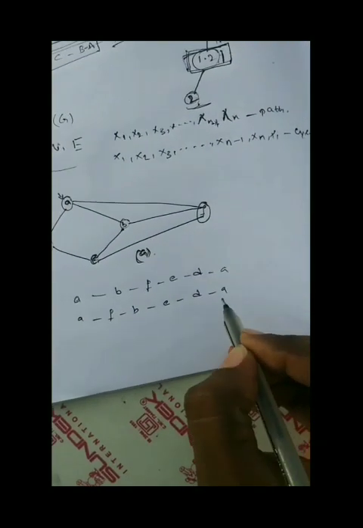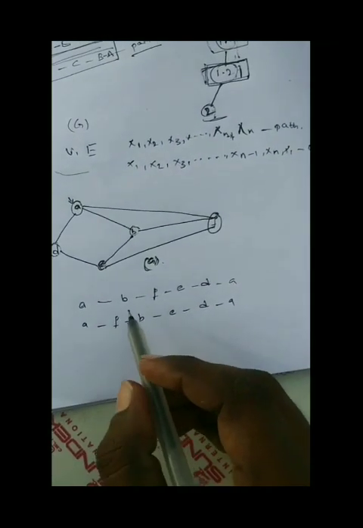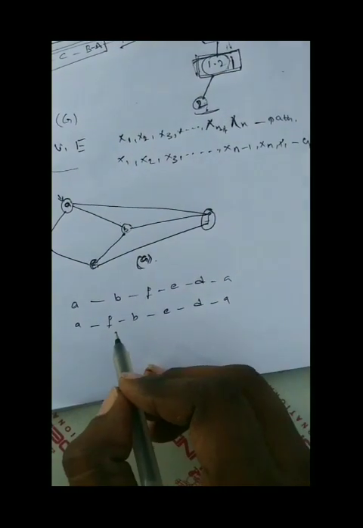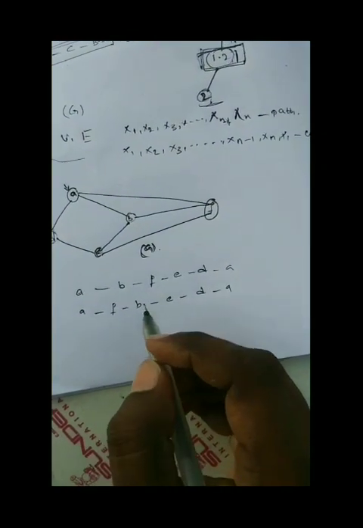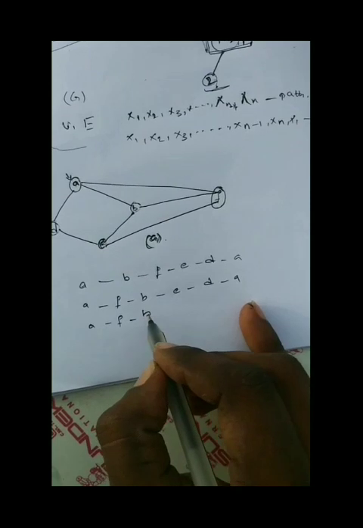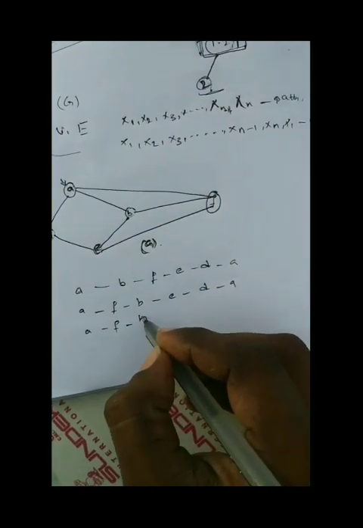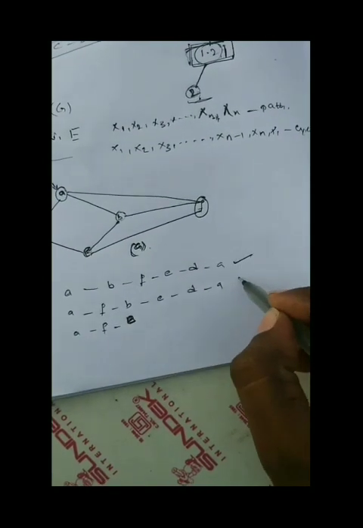Another possible path is A to F, F to B, B to E, E to D, D to A. And as we take A to F, we can also travel F to E. So these two are possible.